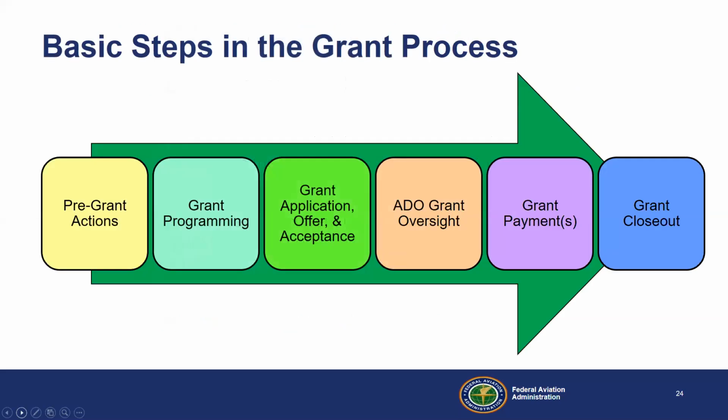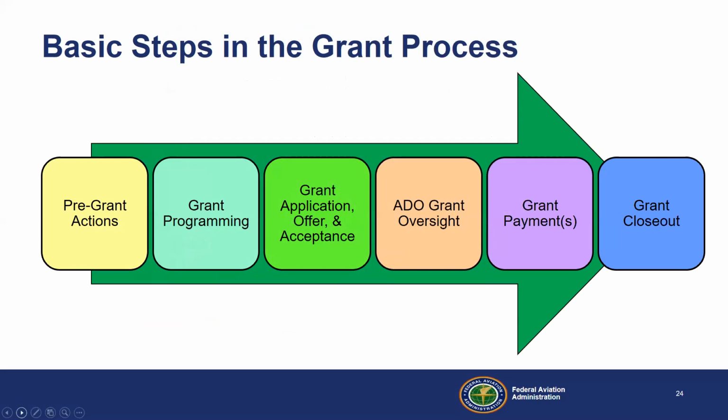Getting to the basic steps in a grant process, we have multiple steps. A lot of this happens behind the scenes, except for when myself or program managers are hounding you about getting information or asking for things.